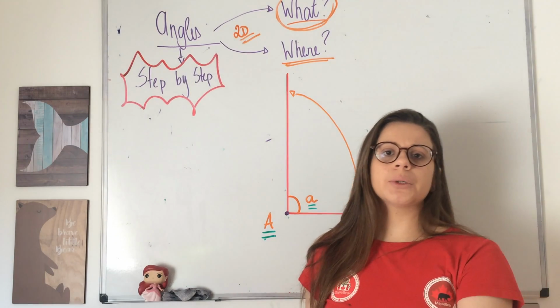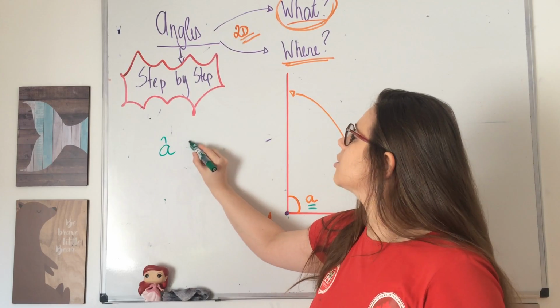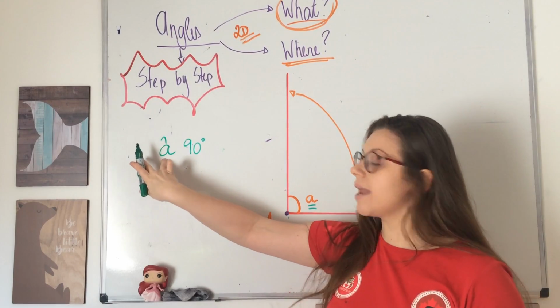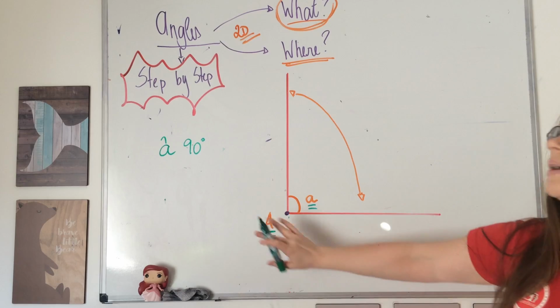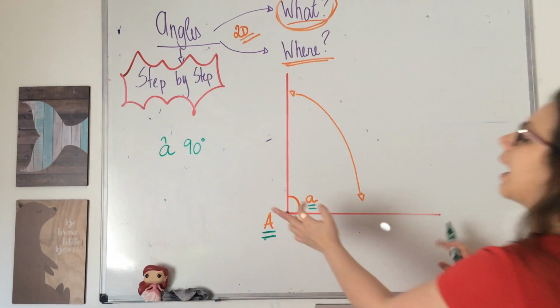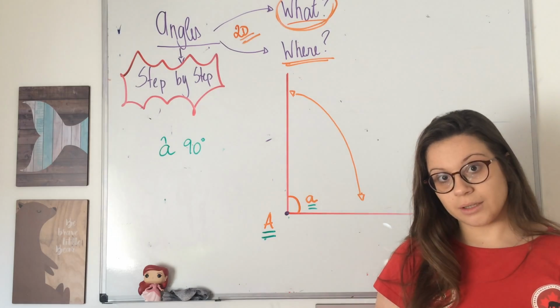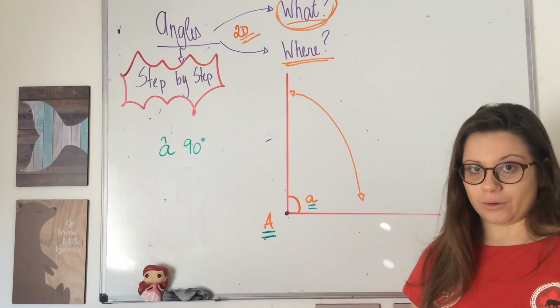So I know which angle you are talking about. If you say the angle a measures 90 degrees, I know that you are talking about the angle that is formed on the vertex A. So when I come back to your drawing, I look for the vertex A and I know what you are talking about.